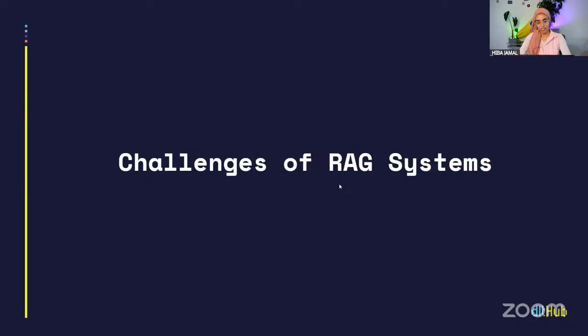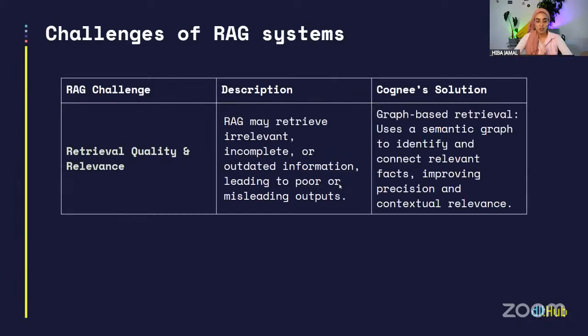Challenges of RAG systems. So first, there are many challenges of RAG systems, but I will pick the ones that are the biggest headaches for me. So the retrieval, quality, and relevance. I'll give you an example here.